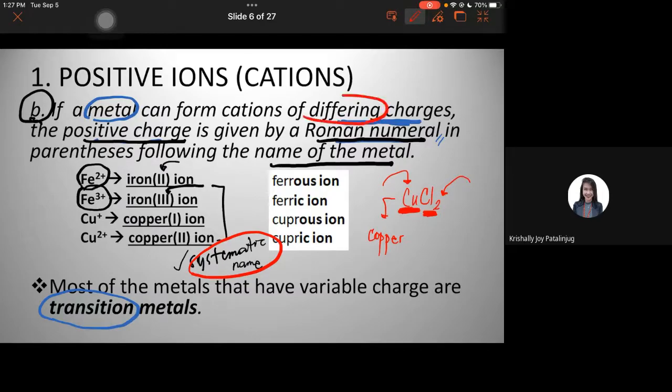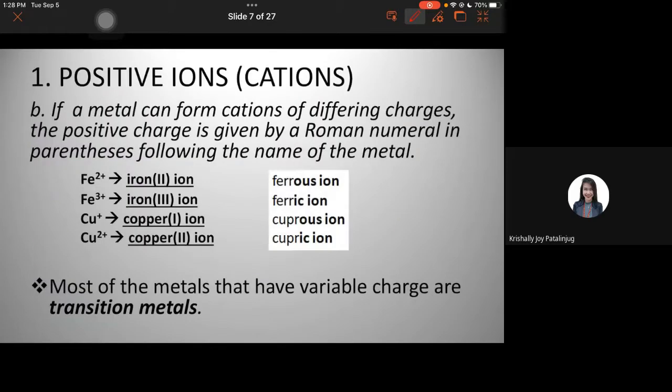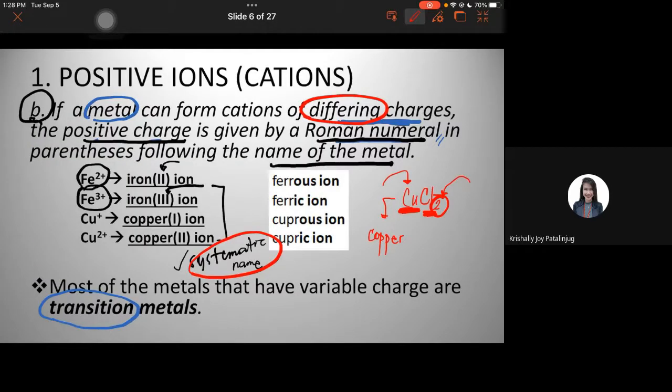Remember, it is capable of differing charges. Is it copper 1 or copper 2? Can you identify if it is copper 1 or copper 2 based on the formula? If I told you that when you write the formula, you cross over the charges, what do you think is that form of copper? Is it copper 1 or copper 2? Okay, very good. It's actually copper 2, no?